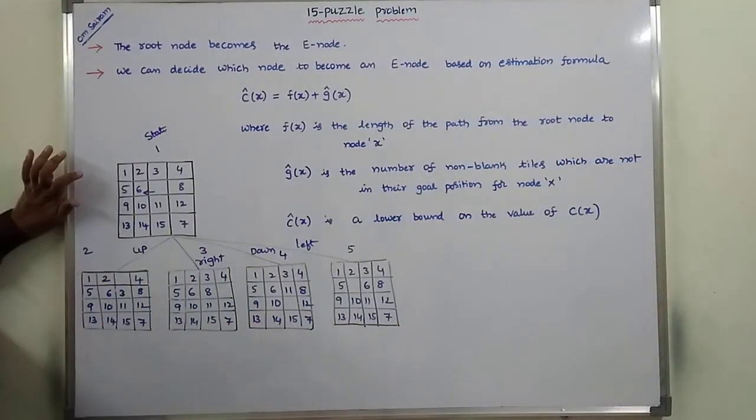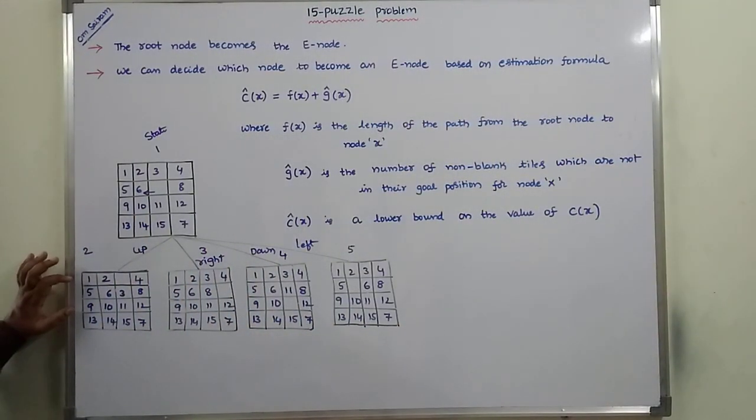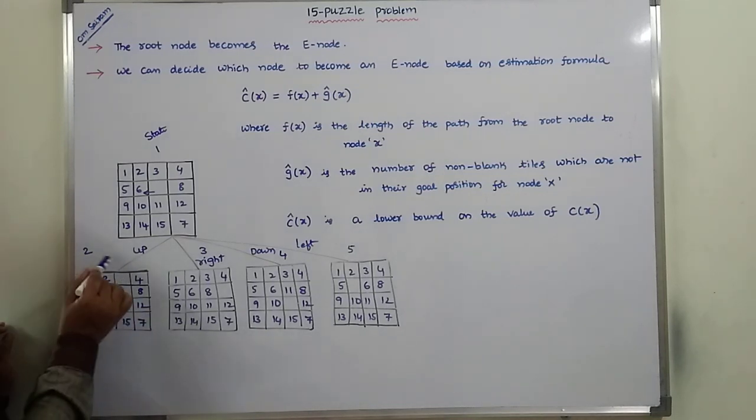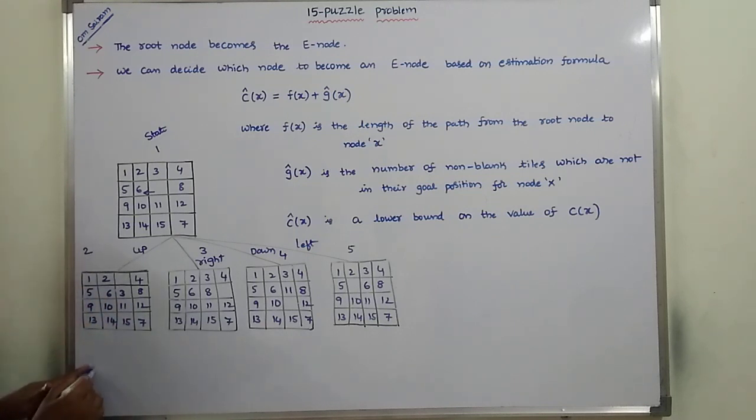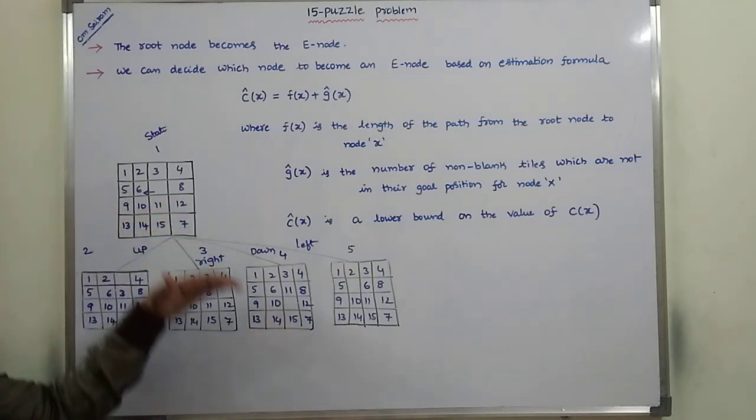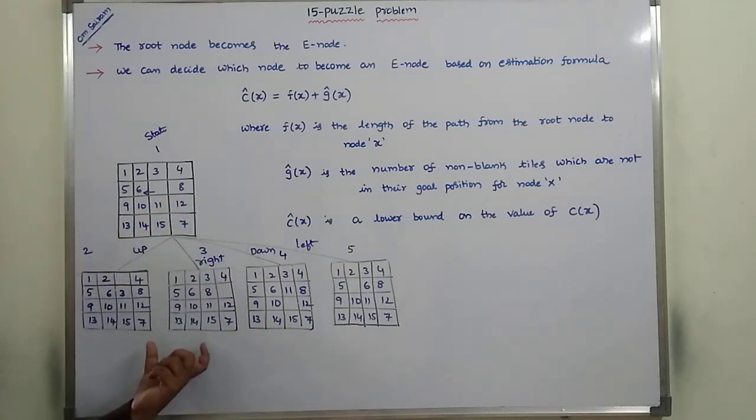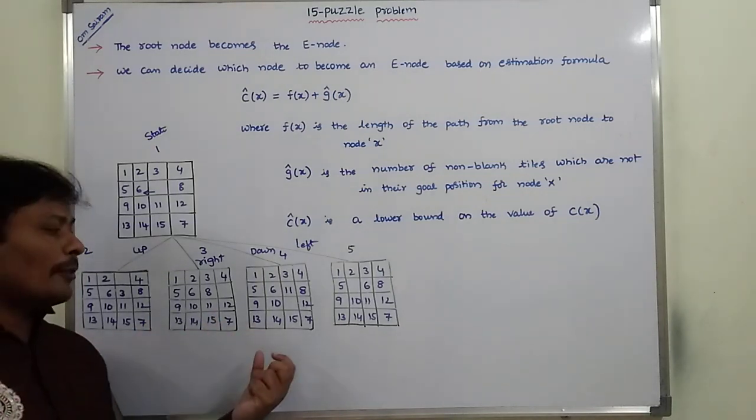Next we are taking this new arrangement. Again, what are the possibilities of movement of the empty slot? Those slots can be denoted in this way. So in this way we are getting the state space tree in various levels. Finally, where do we stop?